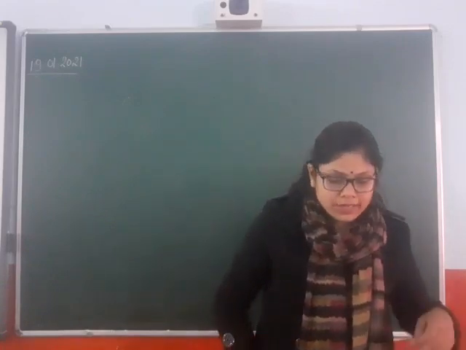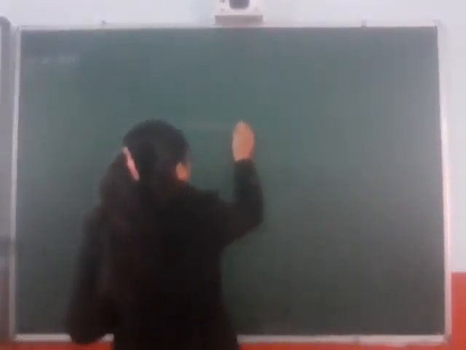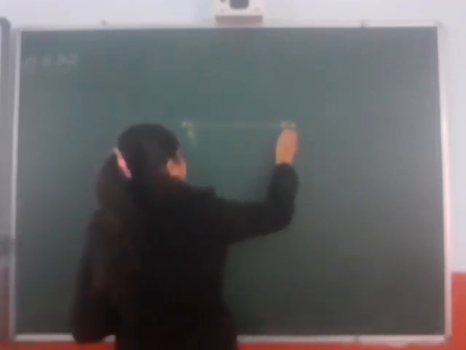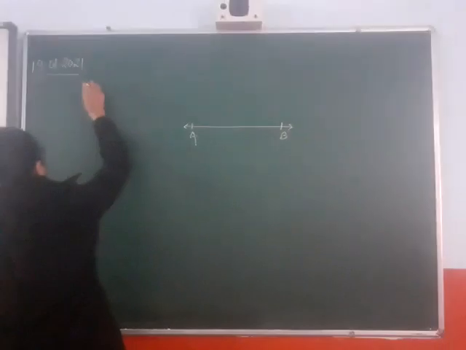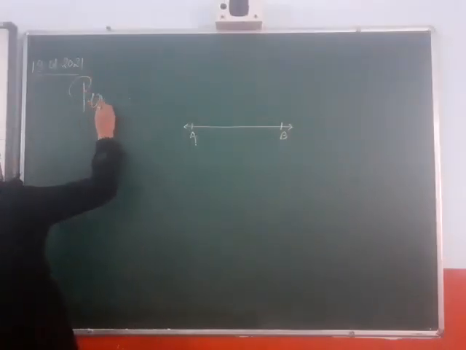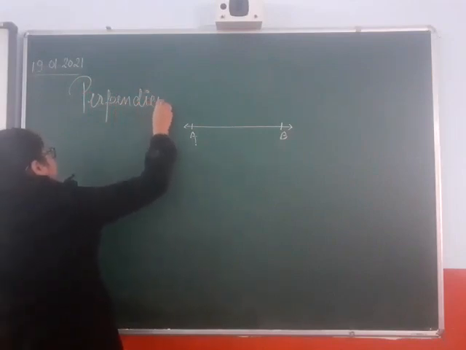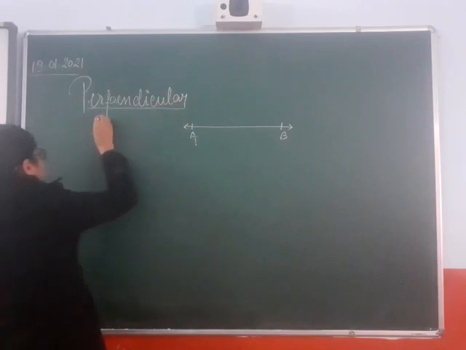So perpendicular line means, like, this is the line AB. Perpendicular line.